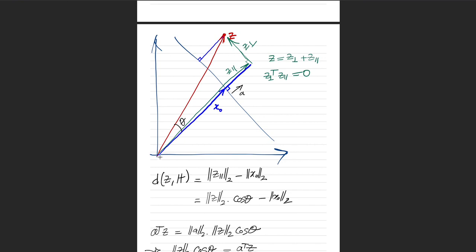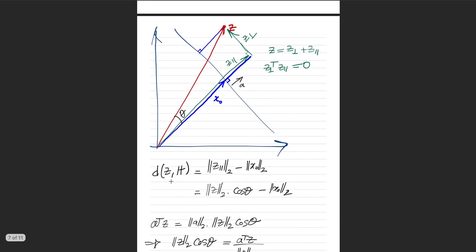Z parallel is parallel to x0 and A, z orthogonal is orthogonal to them. So the distance of z from H is the length of z parallel minus the length of x0.